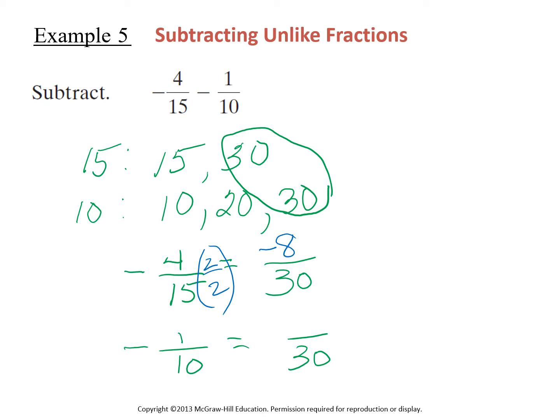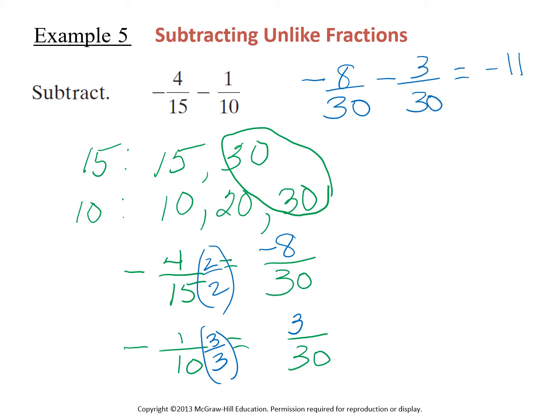And then I'm going to multiply this fraction by 3/3, giving me 3/30. So I will have -8/30 minus 3/30, and my answer is -11/30.